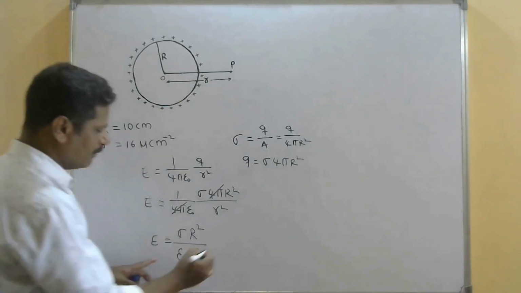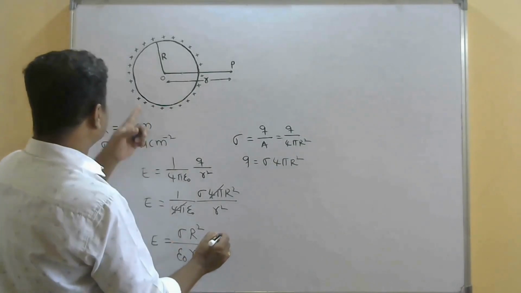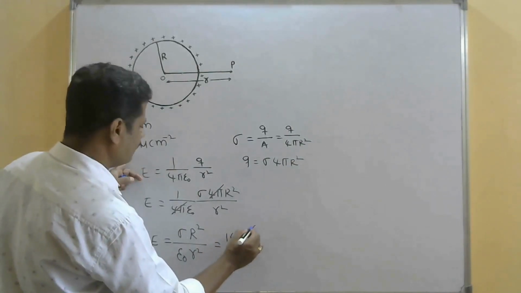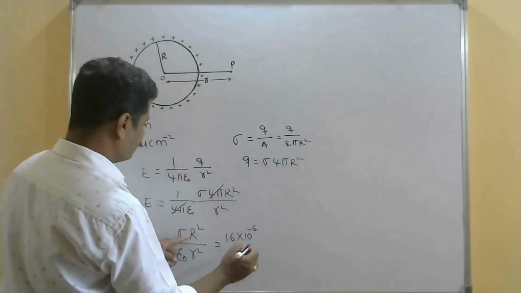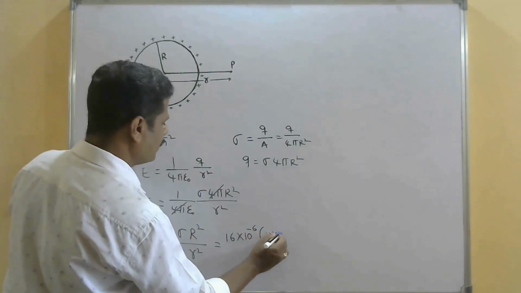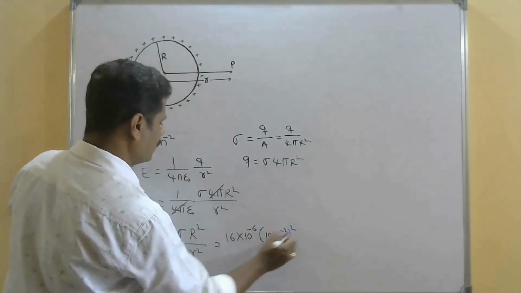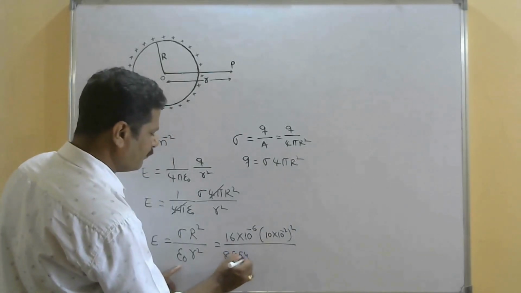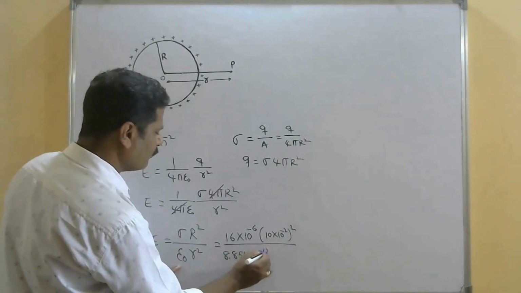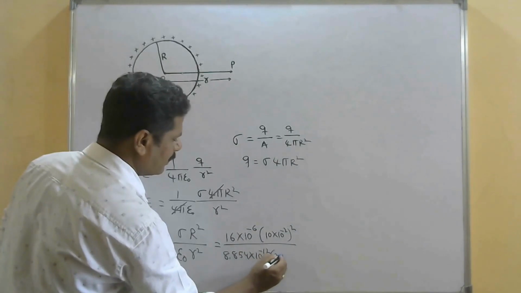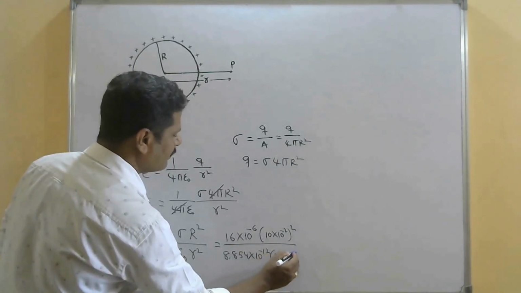Substituting the values, sigma equals 16 times 10 to the power of minus 6 because micro. Capital R square is (10 into 10 raised to minus 2) whole square, divided by epsilon naught 8.854 into 10 raised to minus 12, and r square is (20 into 10 raised to minus 2) whole square.